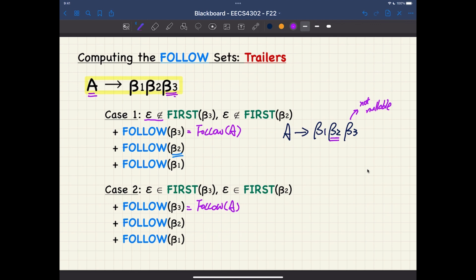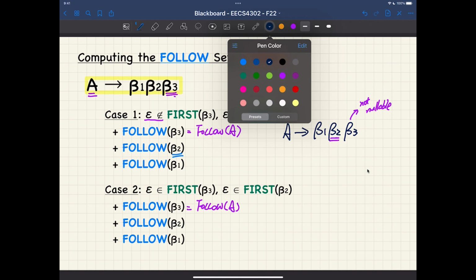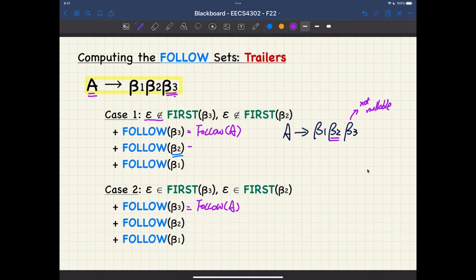Because we know that beta 3 is not nullable, that means whatever you can see after beta 2 will just be the first of beta 3, for sure. So this one will just be the first of beta 3. You can think about that's all we can see over here. This will be the follow of beta 2.